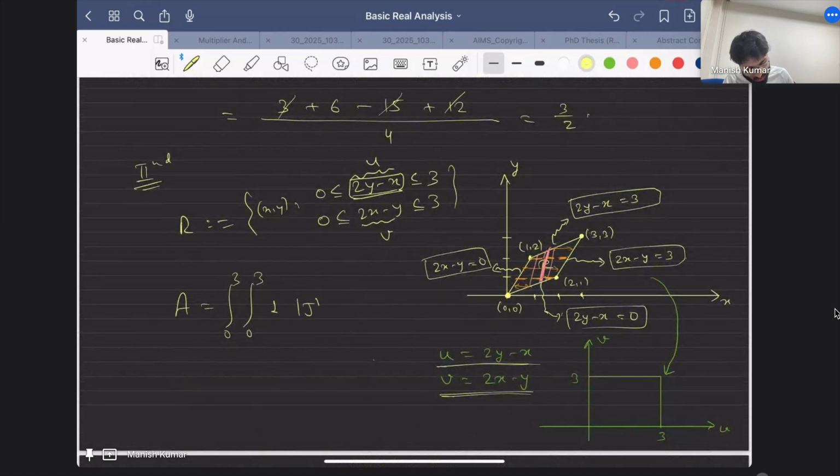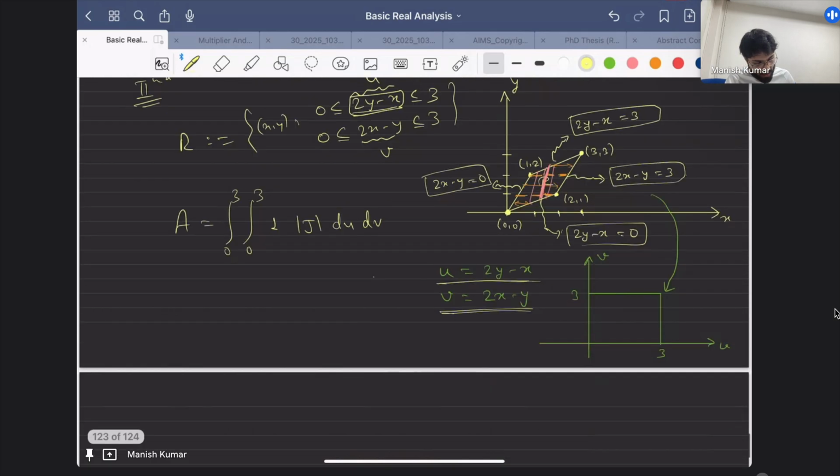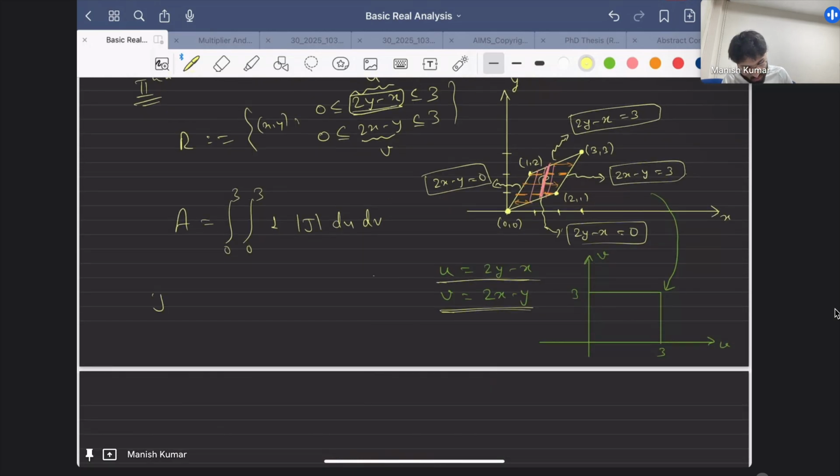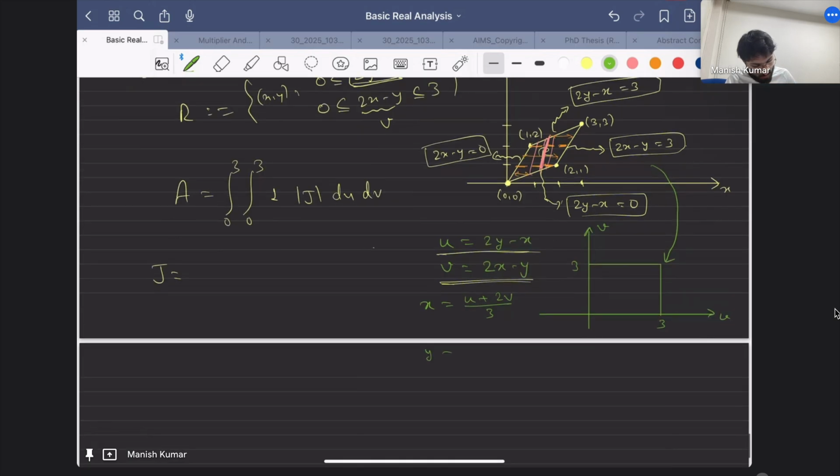First I'll have to write x and y in terms of u and v. So x would be, just multiplying by 2 in the second one, (u plus 2v) by 3, and y would be (2u plus v) by 3, same thing.